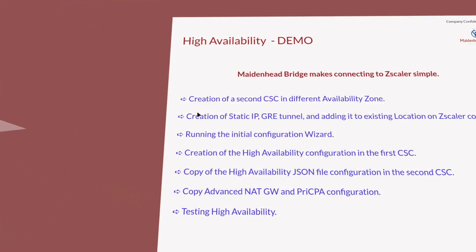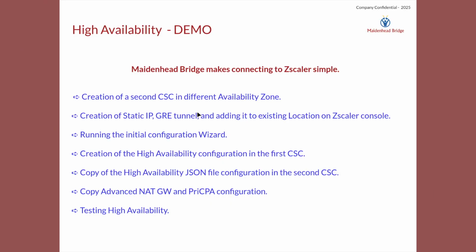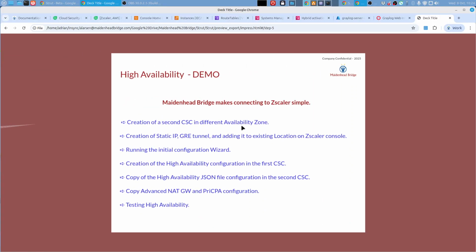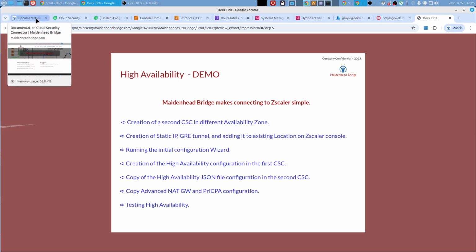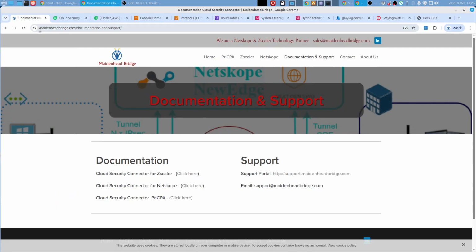Then let's put the connector in place, and this is our task. We need to create first a new connector on a different availability zone. Remember, I'm using Terraform, but you can do this using CloudFormation. To get access to the Terraform templates, go to our main page, medicbridge.com, documentation and support, Cloud Connector for Zscaler.